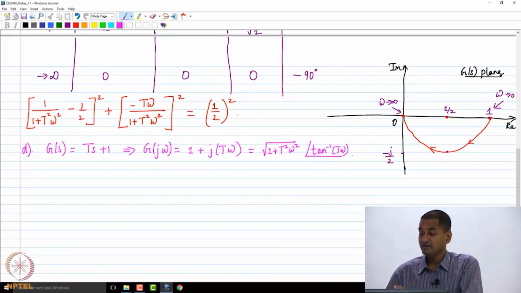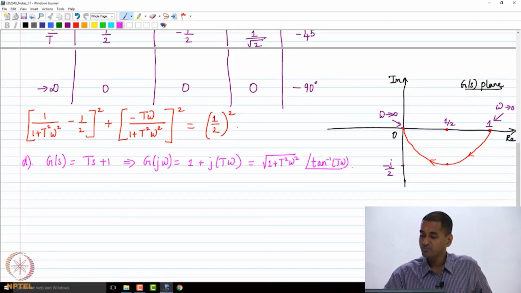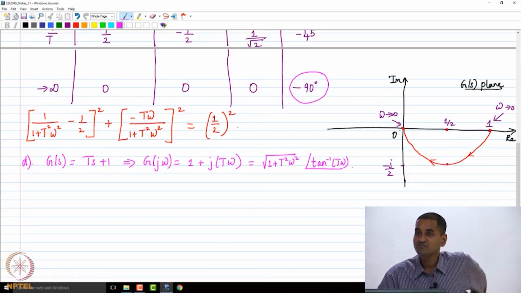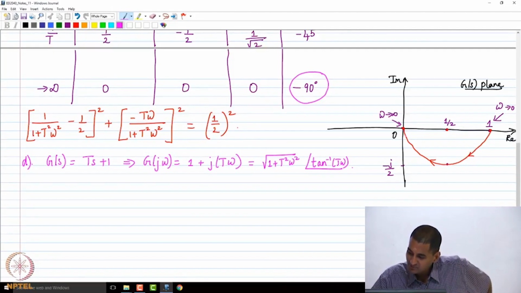By the way, before we go any further, I hope it's clear why this phase was minus 90. You look at how this Nyquist plot approaches the origin. If you zoom in at the origin, it comes in like this.